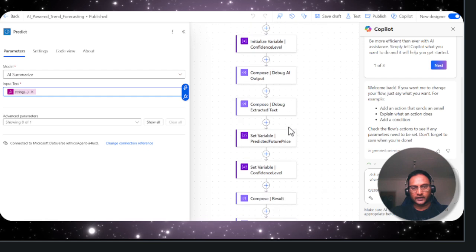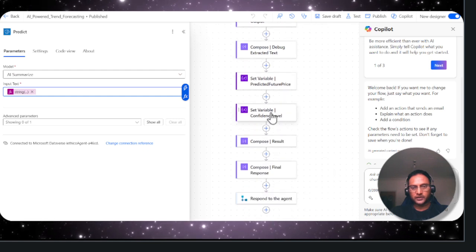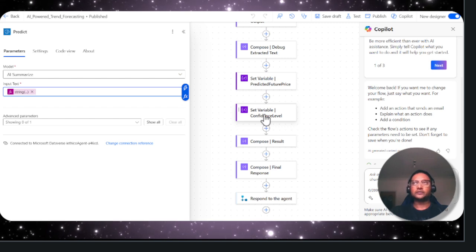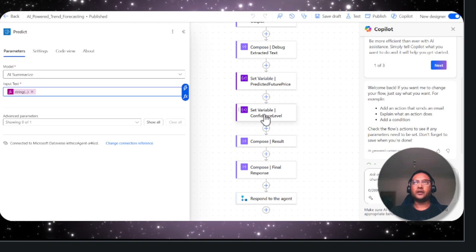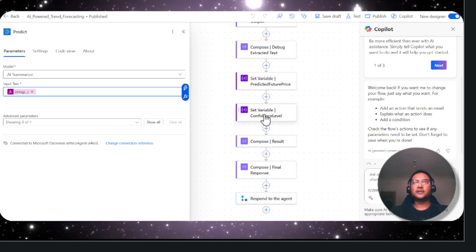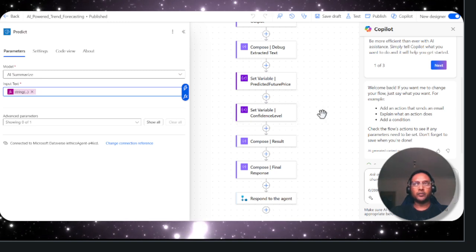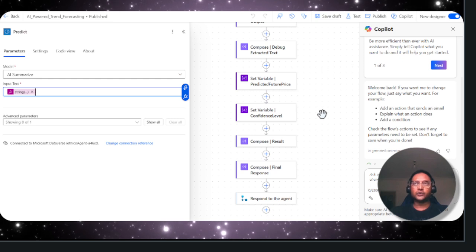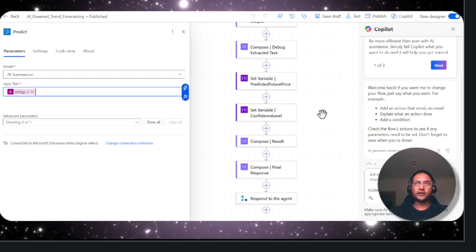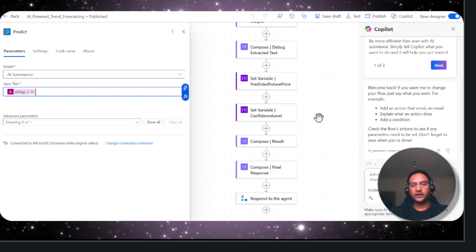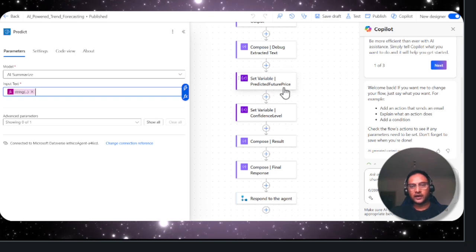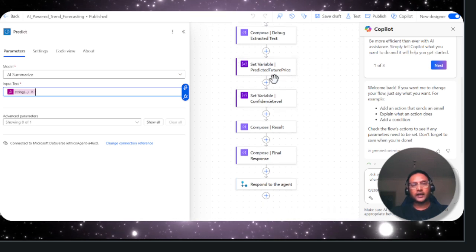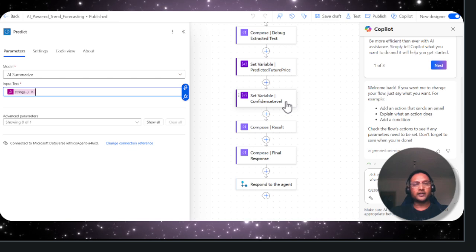There are a few more steps here, and I'm also calculating the confidence level: in the next 3 months, how a market research analyst can place a value looking at the trend, how much it can increase, how much it can decrease. So that is what I'm calculating here, the predicted future price. And if that price has been suggested, what is the confidence level for it?